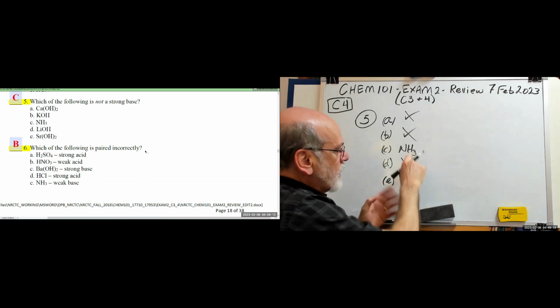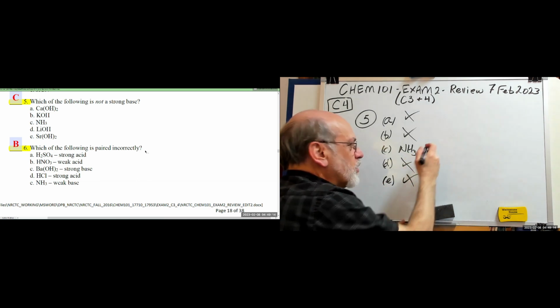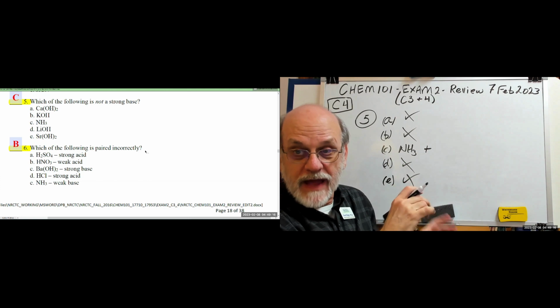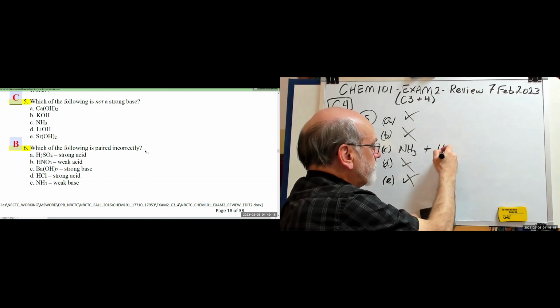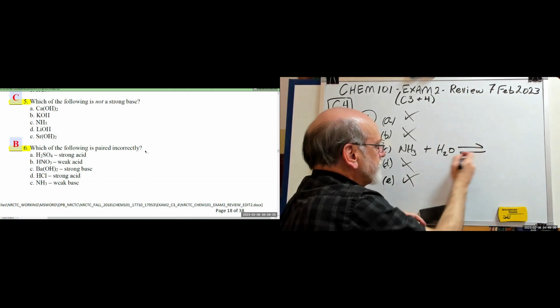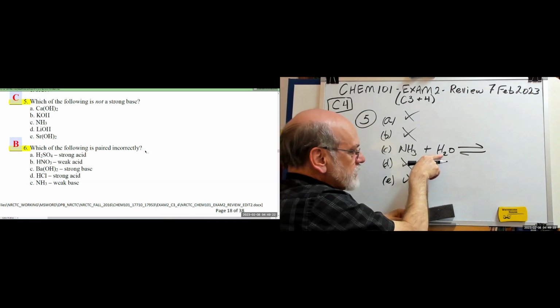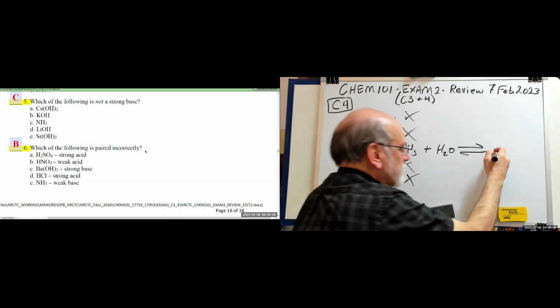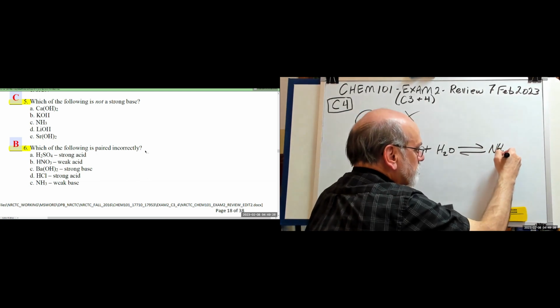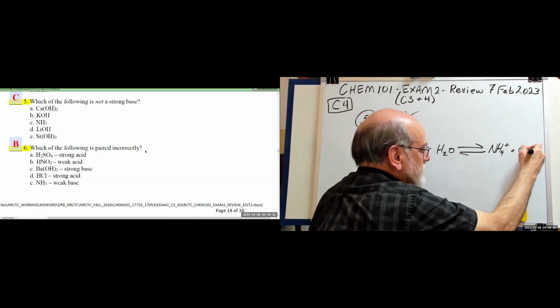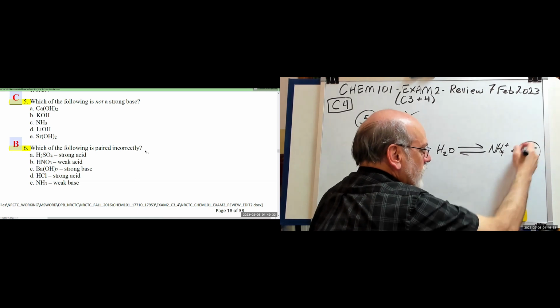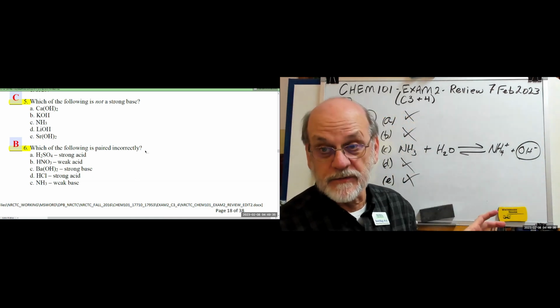And what you find with ammonia is that when you put it in aqueous solution, it reacts with water. Right? And it takes the hydrogen off of that water molecule and makes an ammonium ion plus a hydroxyl ion. And that's where the basic character comes from.